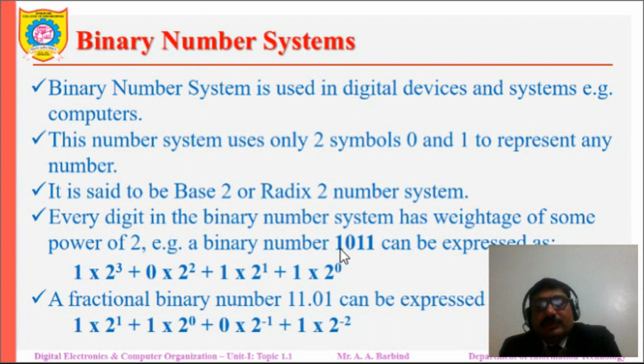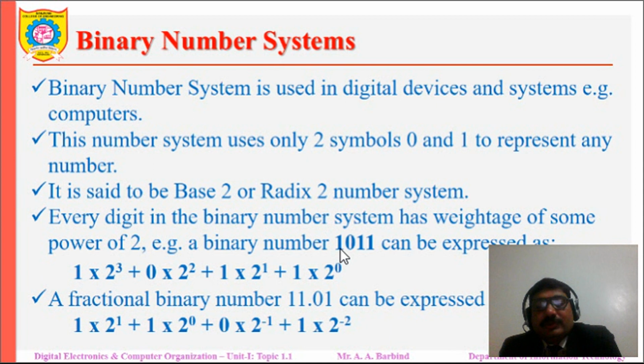Hence, the numbers represented in binary are usually very long, consisting of too many binary bits. To quickly convert and represent numbers in a compact representation, hexadecimal or octal number systems are used.